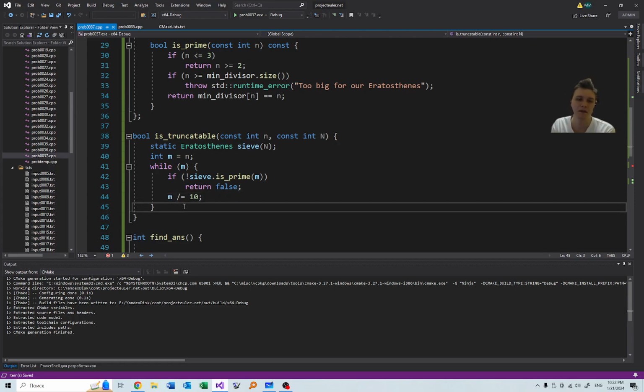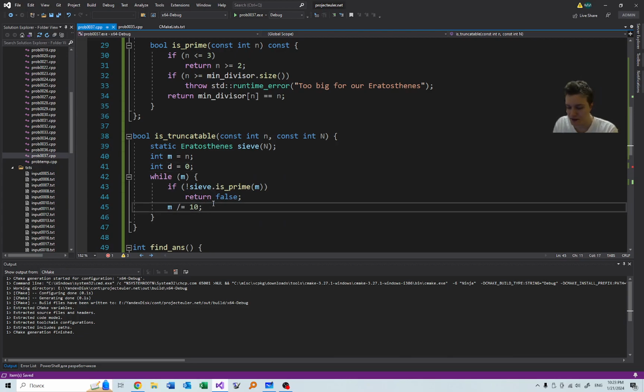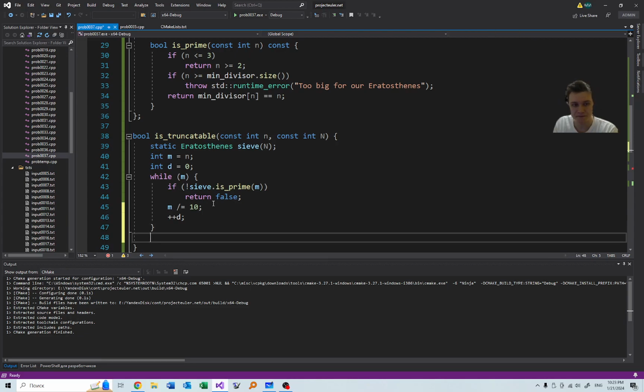Great. What next? After that, we would like to find the number of digits in this number. Let's calculate it. To do it, let's simply store it in number d, and each time we divide m by 10, we increment d. Now we can do the following.